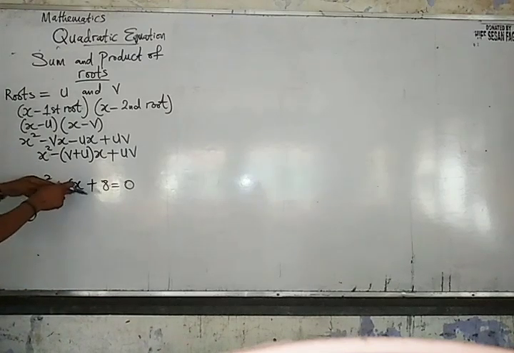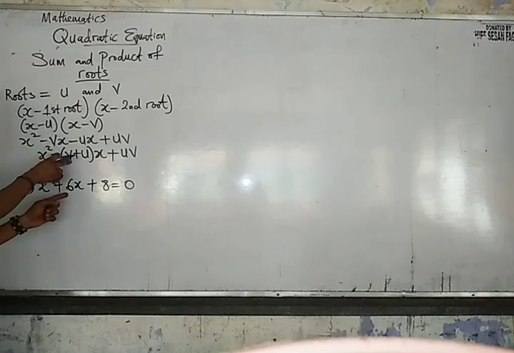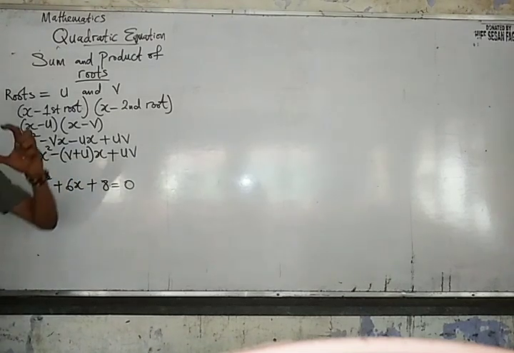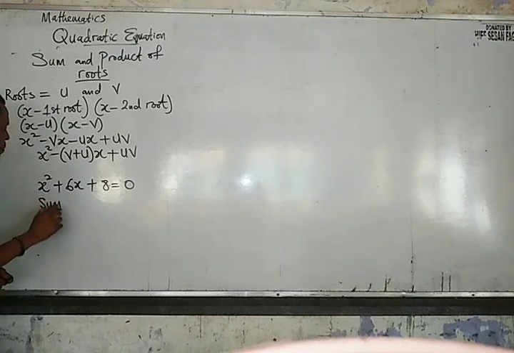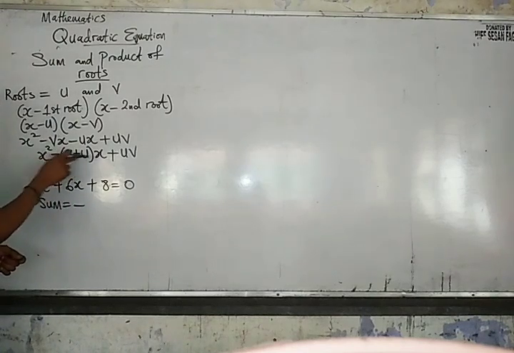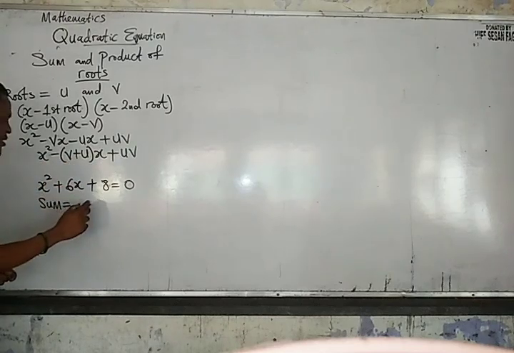That means this value that we have here, this 6, is the sum of the roots of the equation. Whatever we are going to get, by the time we sum them together, is going to give us this 6. And considering this minus in front of it, that means the sum is going to be minus the value that is in front of the x, which is 6.